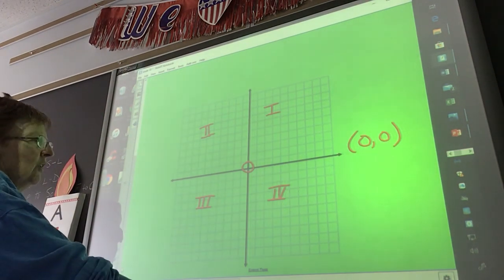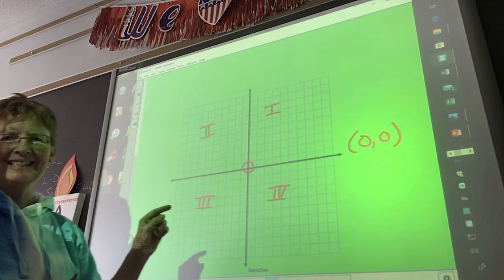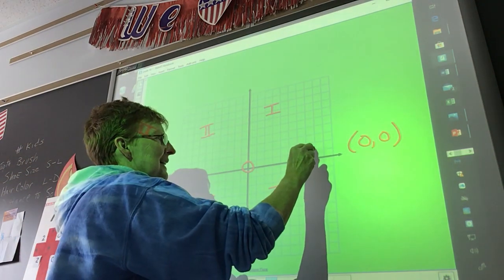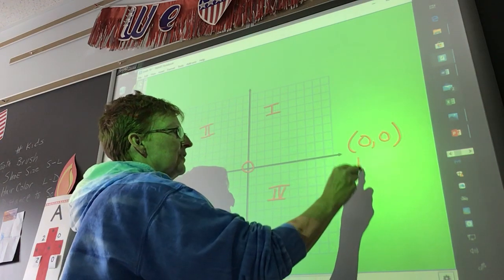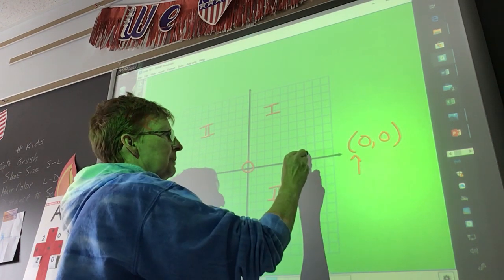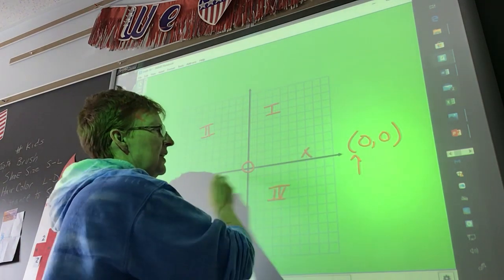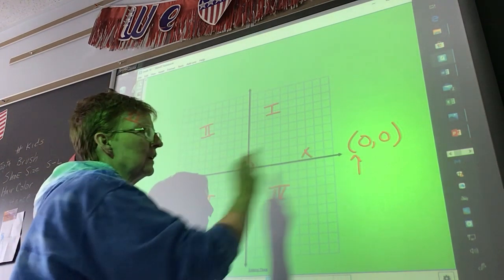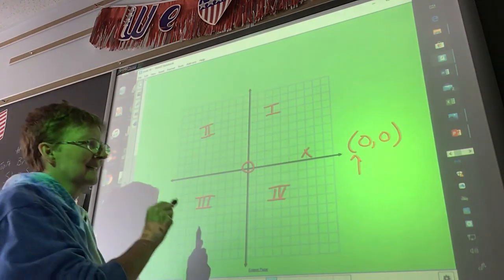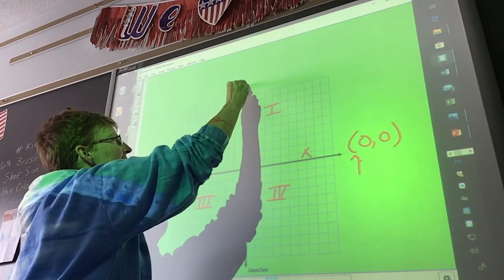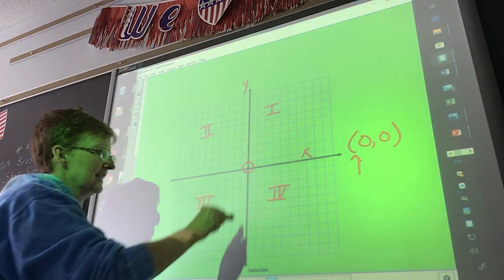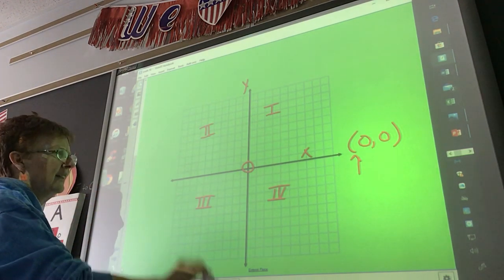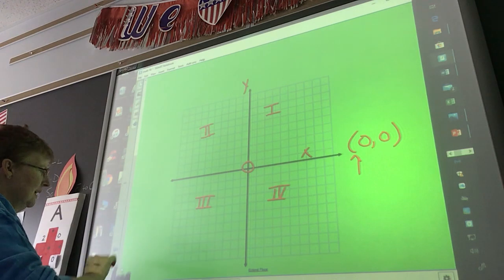Okay? Now, you also have 2 axes, and the x-axis corresponds to the first number in our ordered pair, and that is the horizontal axis. And then the y-axis is the vertical axis that corresponds to the up and the down.